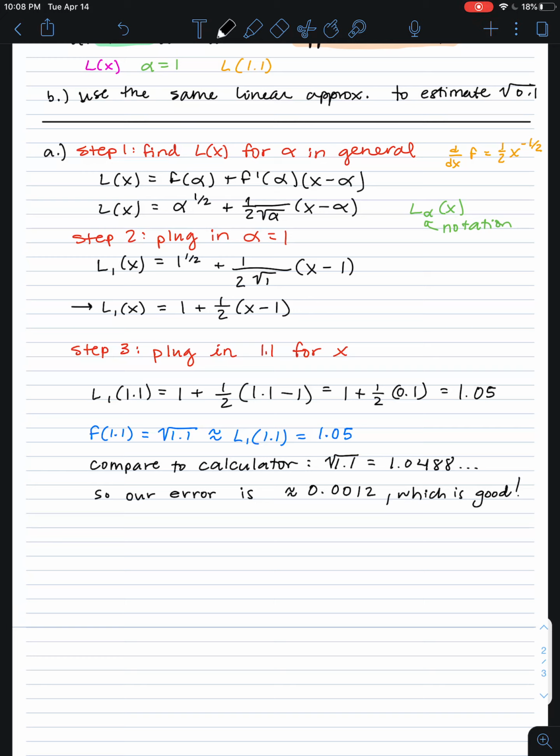Just in general, there's no exact way to know something's good, but because we're just dealing with random numbers, I would say being 1/1000th off is pretty good. Anyway.